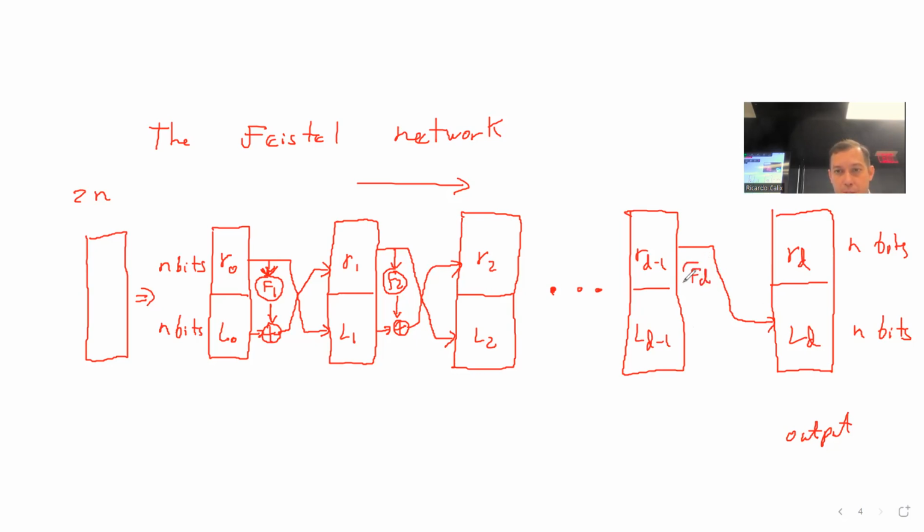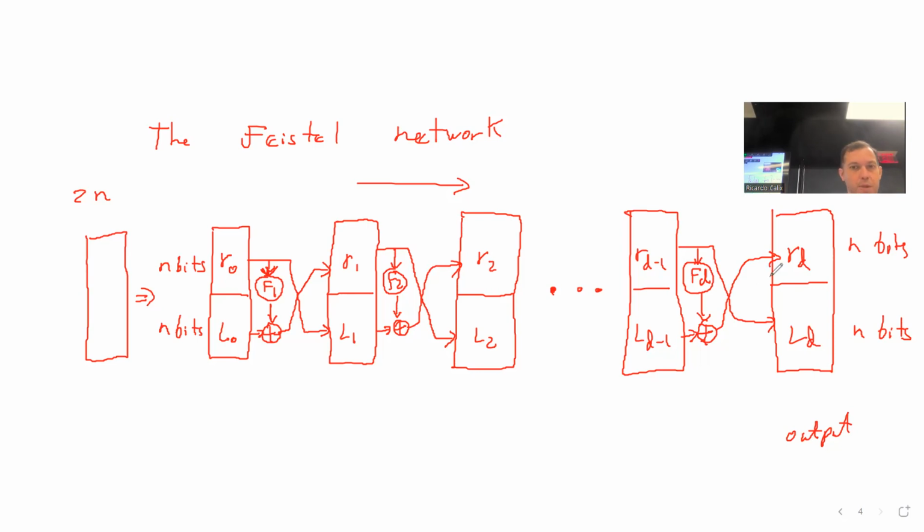Okay. So that's a function. RD goes into that function. It gets changed, right? And now we have an XOR operation here between that and this one, and that becomes RD. Does that make sense? So that is basically the Feistel network, which is part of the algorithm of the data encryption standard.